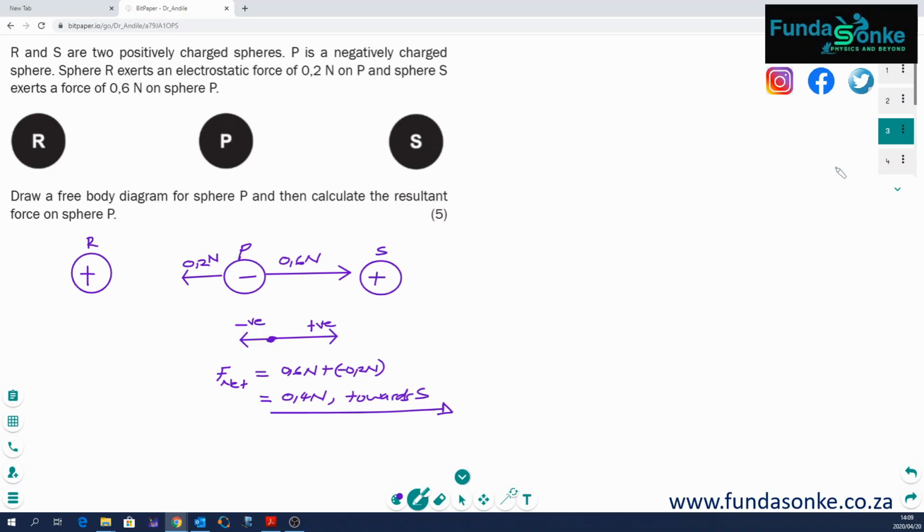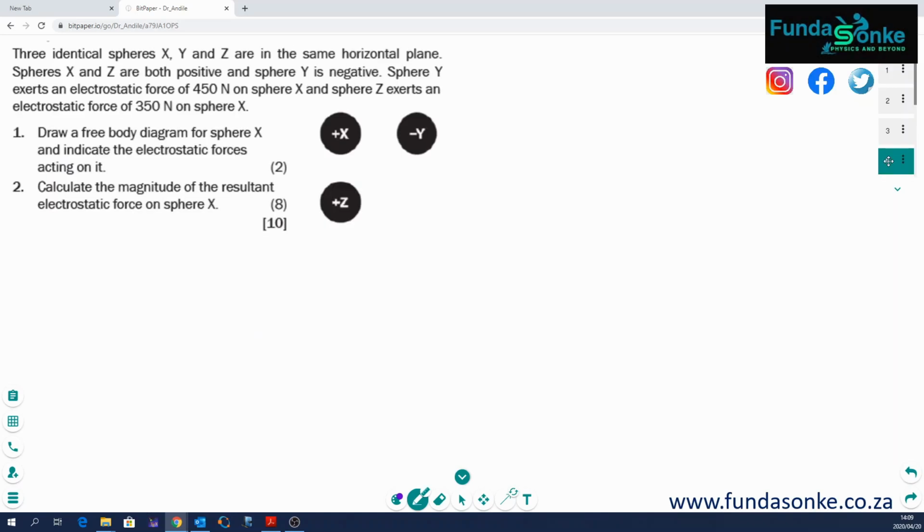Okay, now we're going to go on to the next question. In this question, three identical spheres X, Y, and Z are in the same horizontal plane. Spheres X and Z are both positive, and sphere Y is negative.